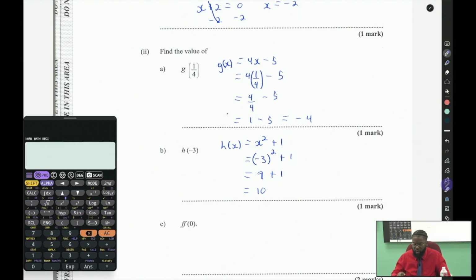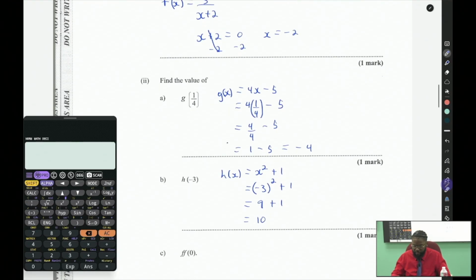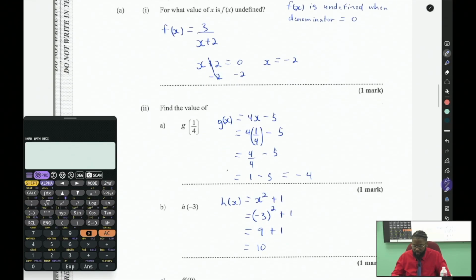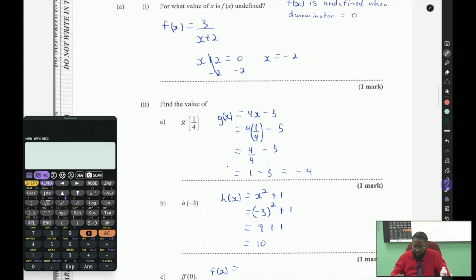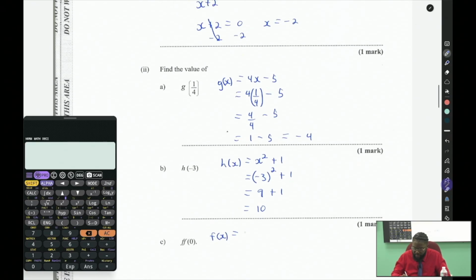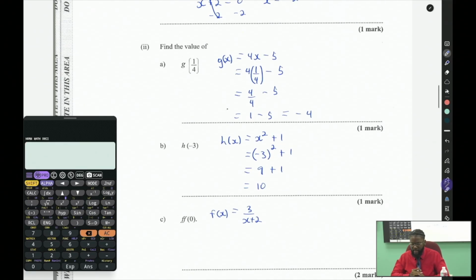So we have a composite function on our hands. f of x is equal to 3 over x plus 2. We could go ahead and write another fraction for the x and then put in 0. But the easiest way is to find f of 0 first.